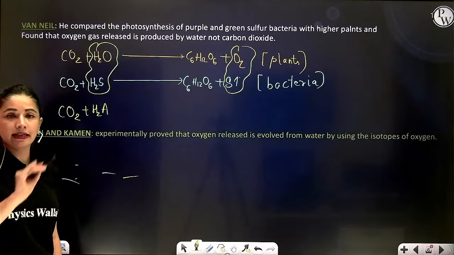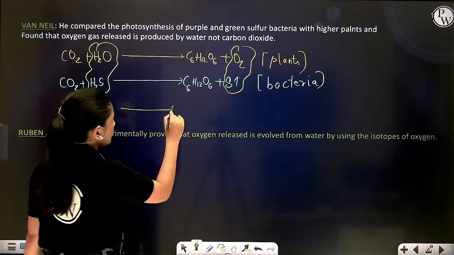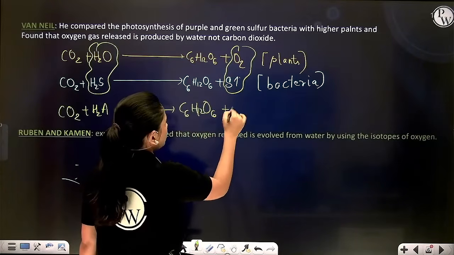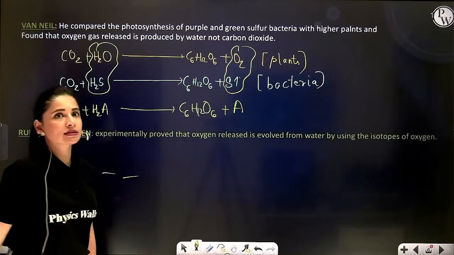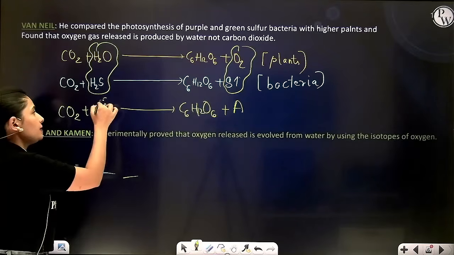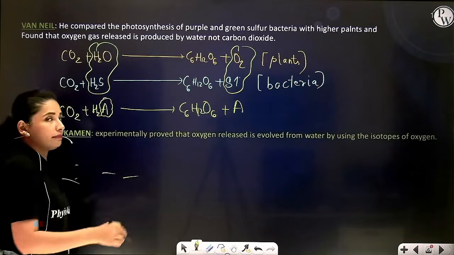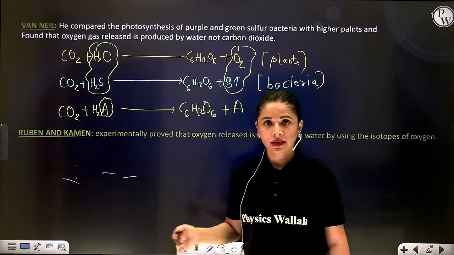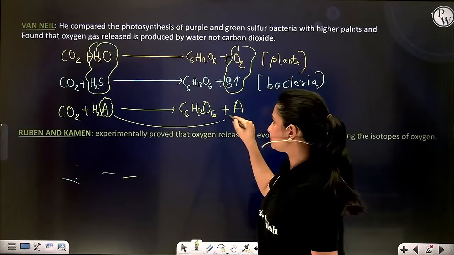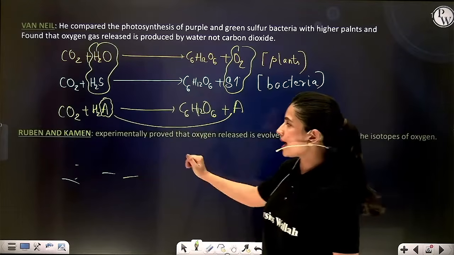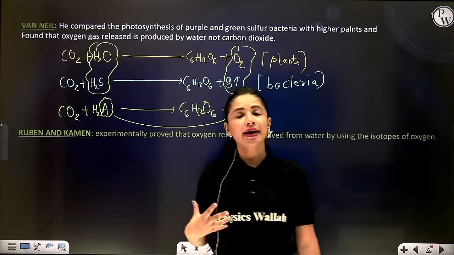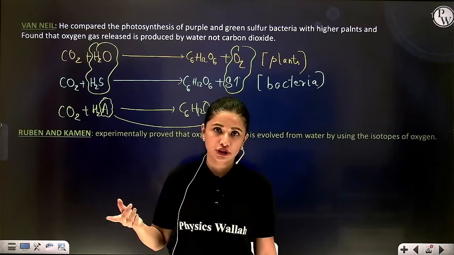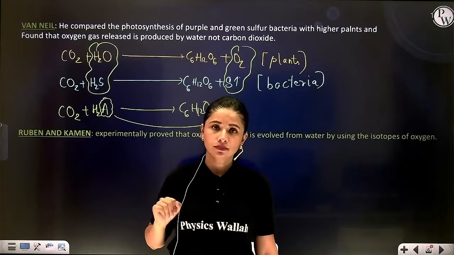A means any inorganic element you can add. So CO2 will be reduced to glucose, and the nature of the gas will be decided by the inorganic element taken inside the reducing agent. Correct? Yes or no? Okay, so this is how Van Niel tried to show that water is the one responsible for oxygen, not CO2.